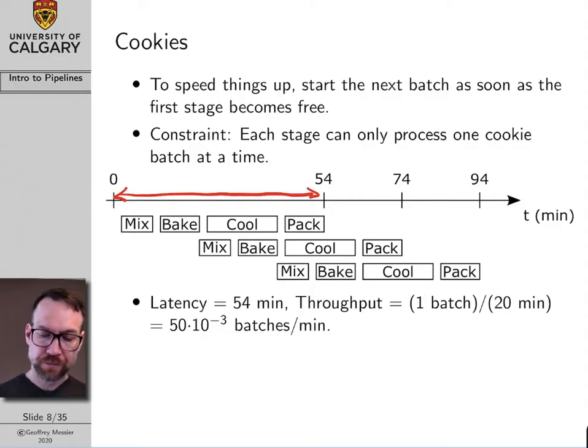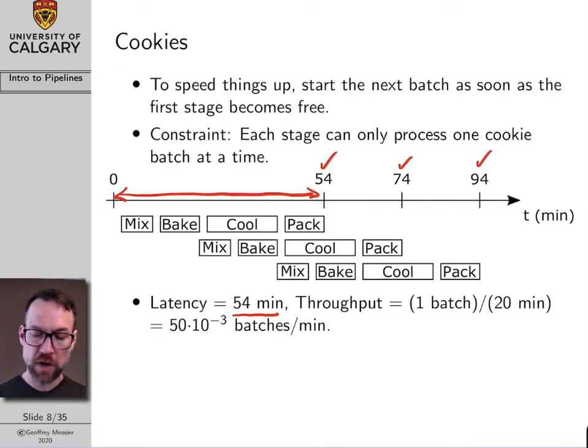And so our first batch finishes at minute 54. Our second batch finishes at minute 74. Our third batch finishes at minute 94. And so while our latency stays at 54 minutes, we're now cranking out one batch of cookies every 20 minutes.